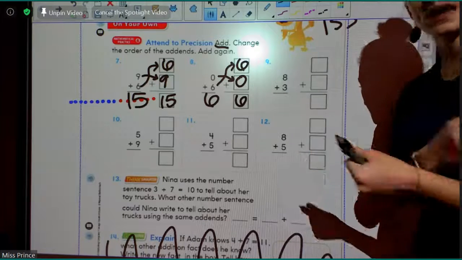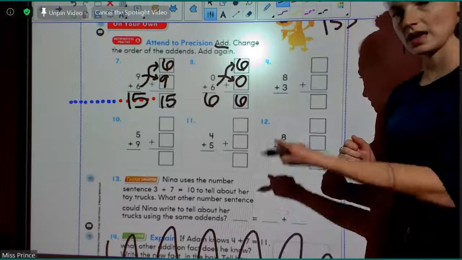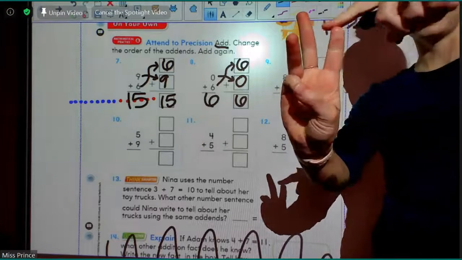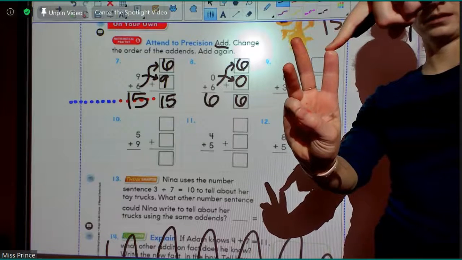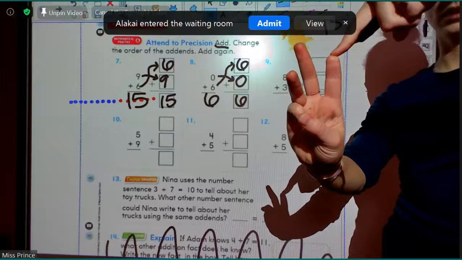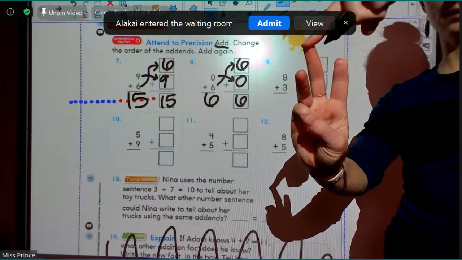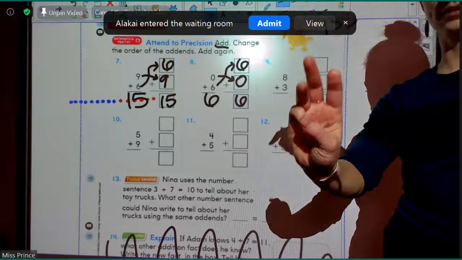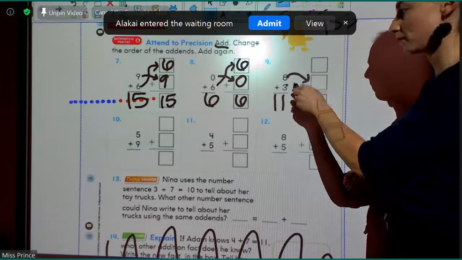So scoop up 8 and then add 3 more. 8, 9, 10, 11. Good job.